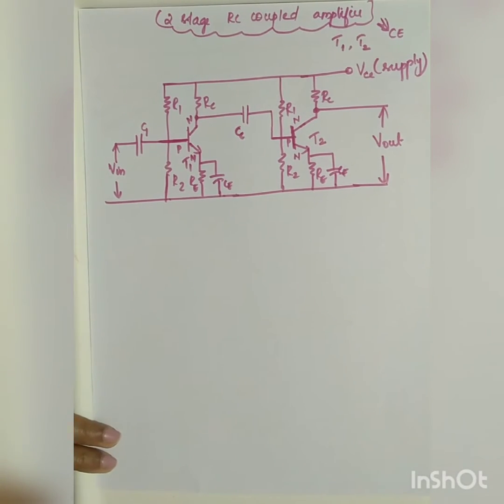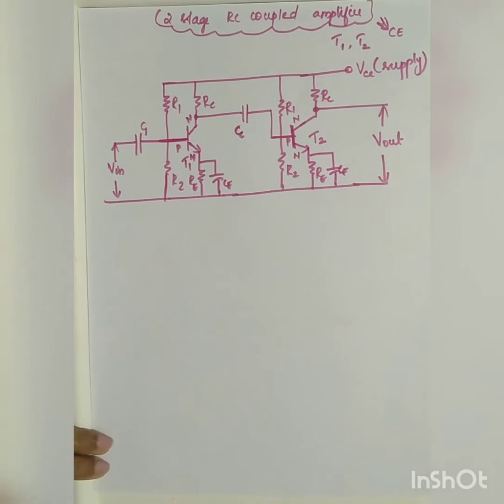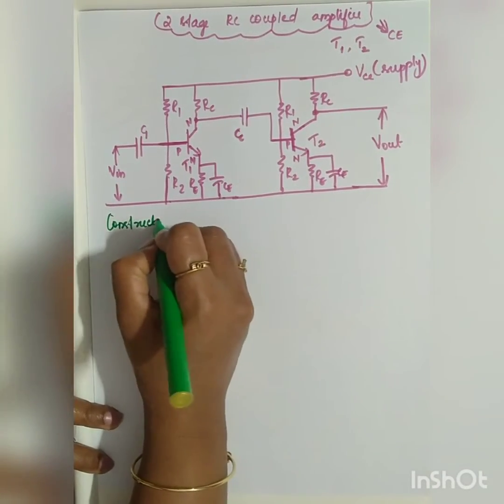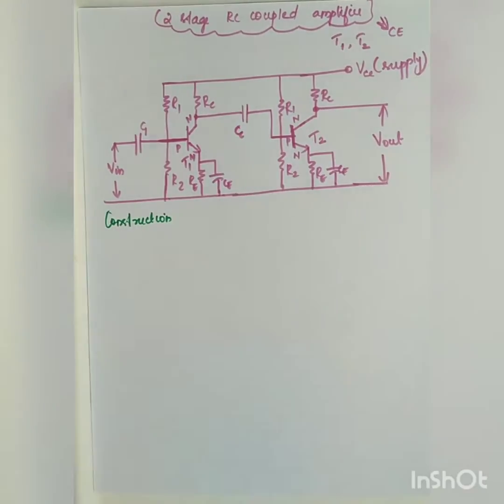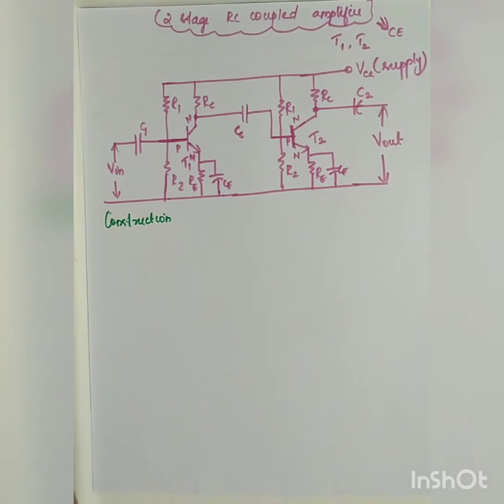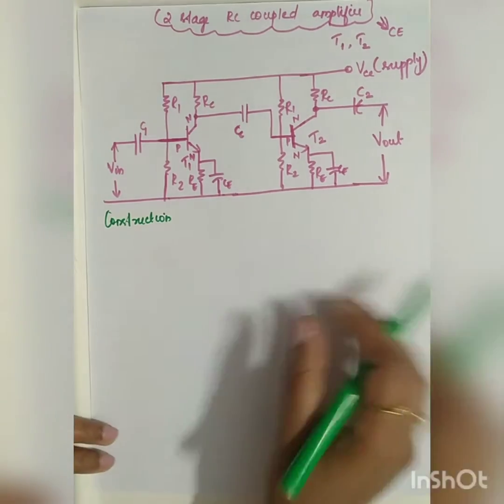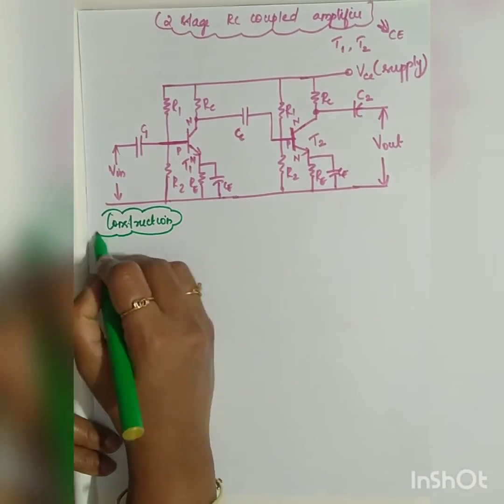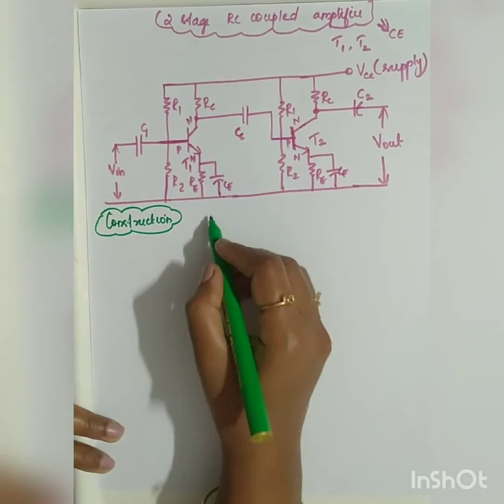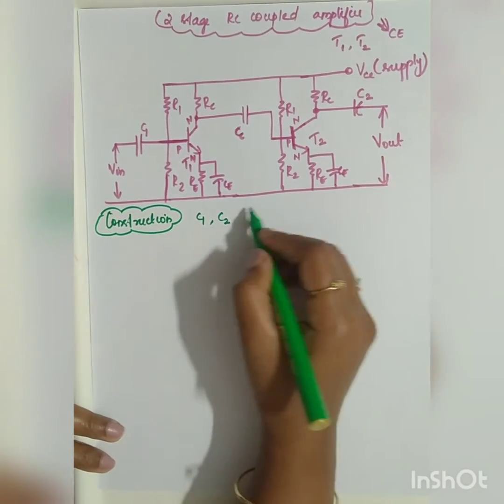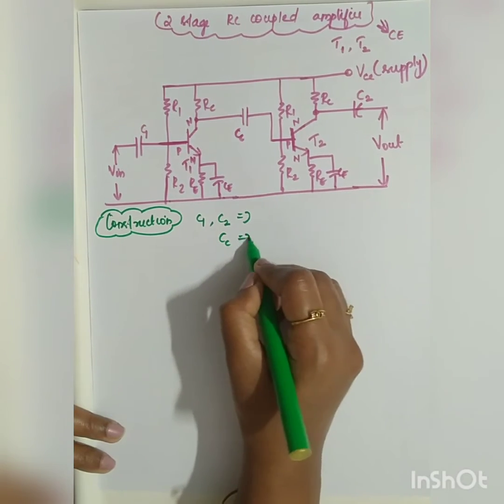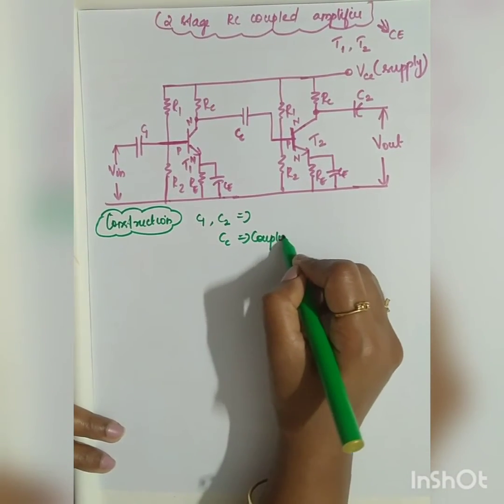Now let me tell the construction. Here I have missed a capacitor, right? In the output you have your capacitor C2 or C out. Now in the construction, what are the components you have? You have two capacitors C1 and C2, input and output capacitors. And you have CC, which is called the coupling capacitor.